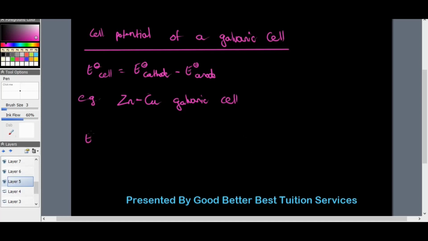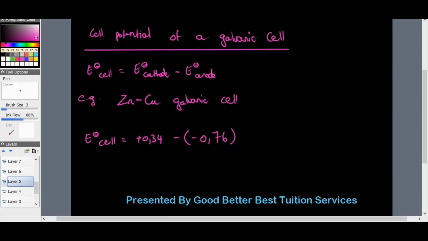We'd write that the cell potential is equal to the electrode potential at the cathode. We know that substance is copper, at positive 0.34. We subtract the anode, which is zinc, with a value of negative 0.76.